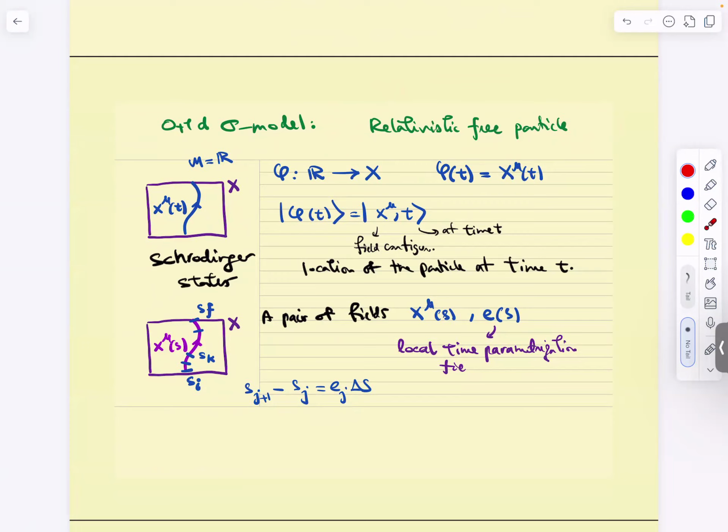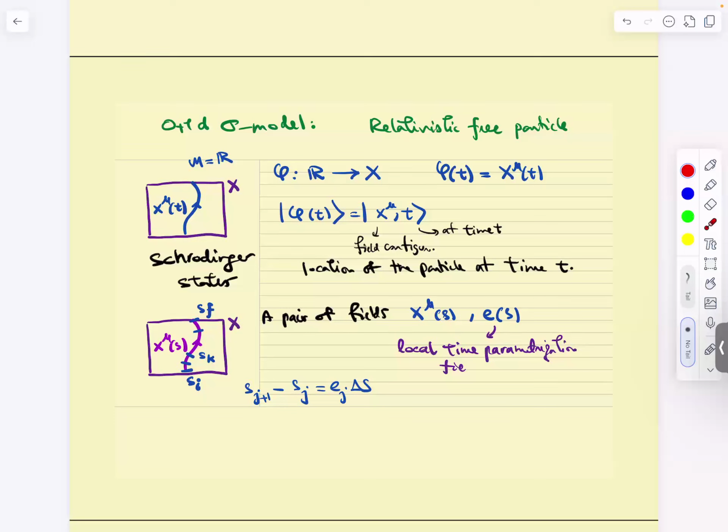So the field takes values X^mu. Sorry, now the quantum field theory is 0 plus 1 dimensional, and your fields are X^mu. So if you label your 0 plus 1 dimensional theory by S, your fields are X^mu(S), right?